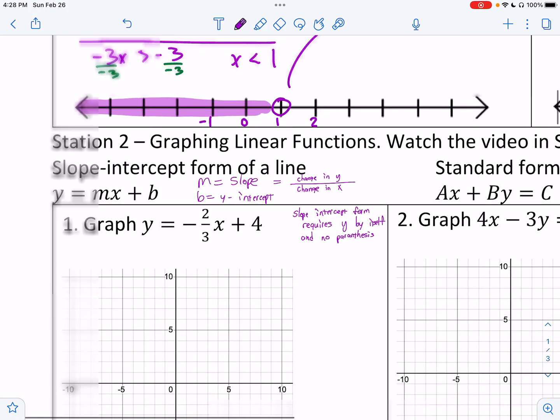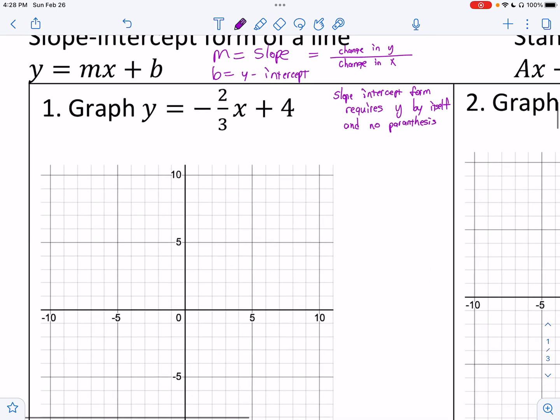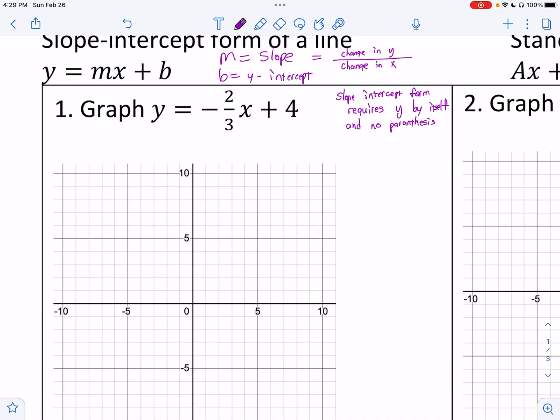I didn't spell parentheses right, but I'm okay with it. Okay, so yeah, this is in slope-intercept form because y is by itself. I don't have any parentheses on the other side of the equation. So I just have a number times x and then plus or minus another number.